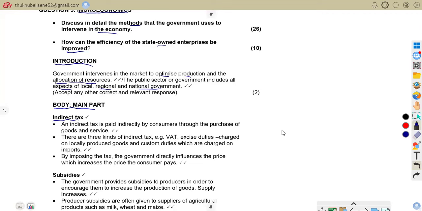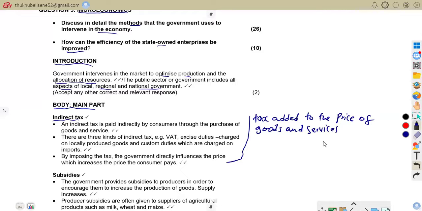When you talk about the indirect tax, we are talking about a tax added to the price of goods and services.